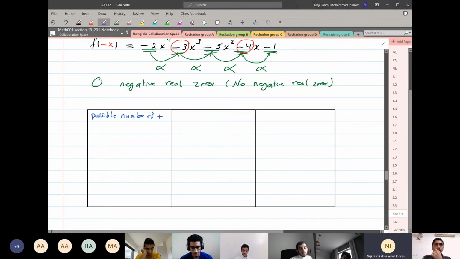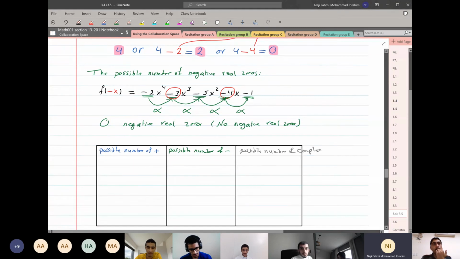The second one is the possible number of negative real zeros. And the last one is the possible number of complex zeros.